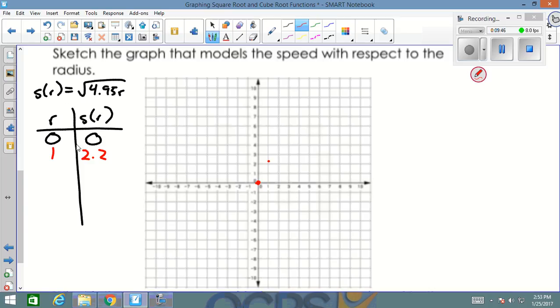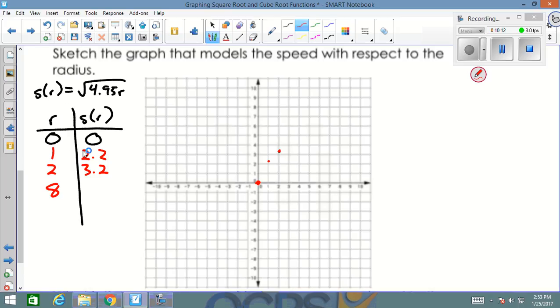Okay. When we put in 2, 4.95 times 2, take the square root, about 3.15. We'll say about 3.2. So we know at 2, we're going to have another one at 3.2, something like that. And then we're going to choose a number further down on the x. Let's choose something like 8.